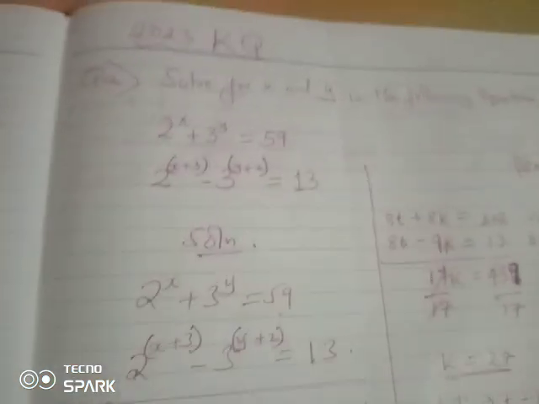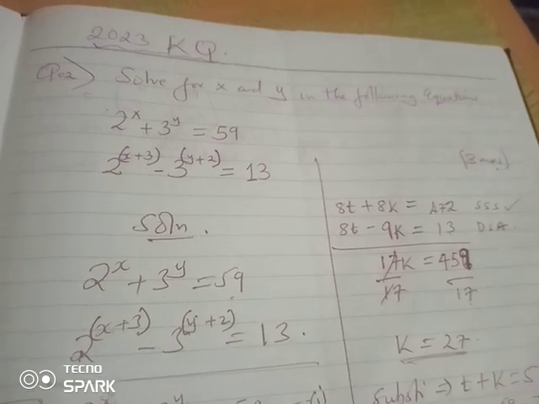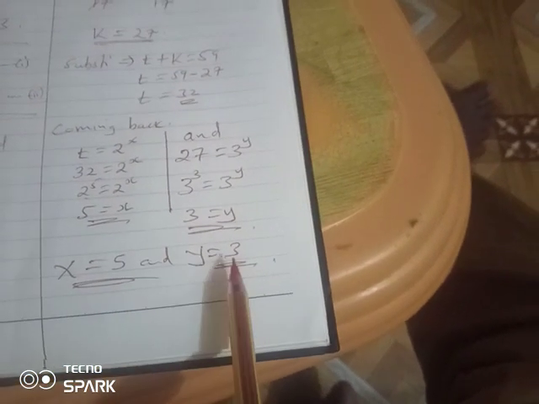So finally, for the equations that were given up here, following all these steps, the values of x and y are 5 and 3 respectively.